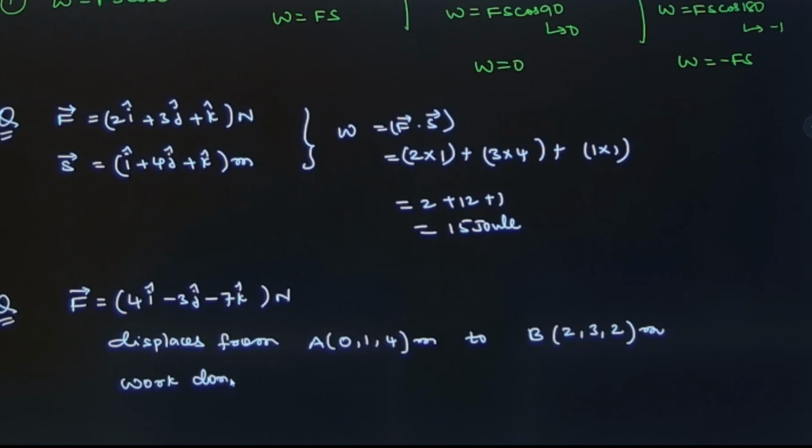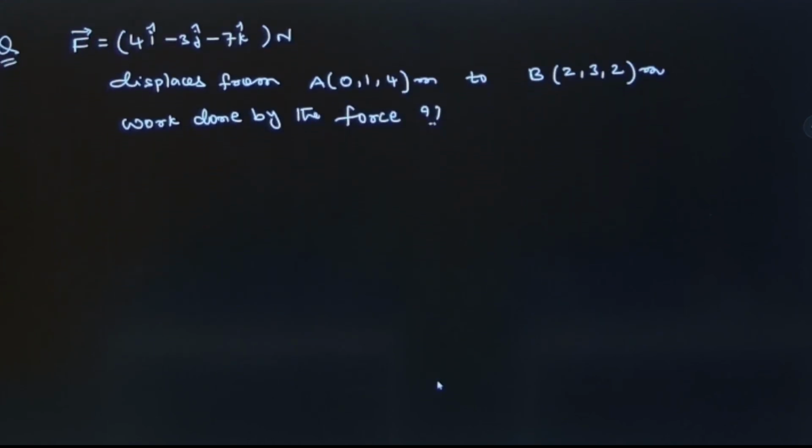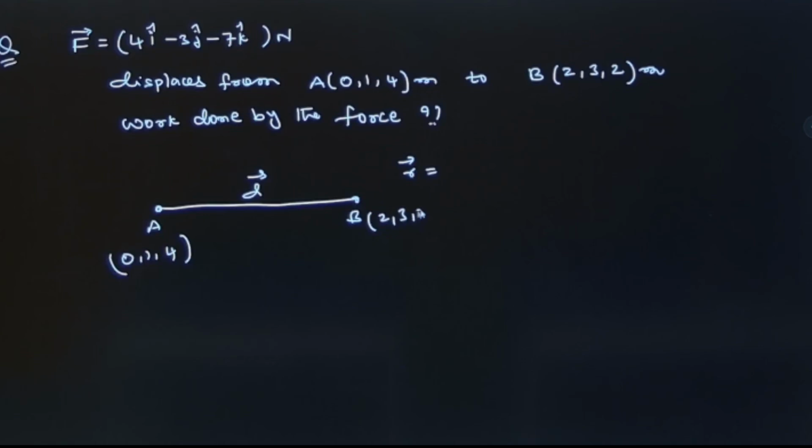Work done by the force is what? Now the particle is displacing from point A to point B. Yes, it's a displacement. Now R bar, otherwise S bar, is what? The coordinates of A are 0, 1, 4 and of B are 2, 3, 2.